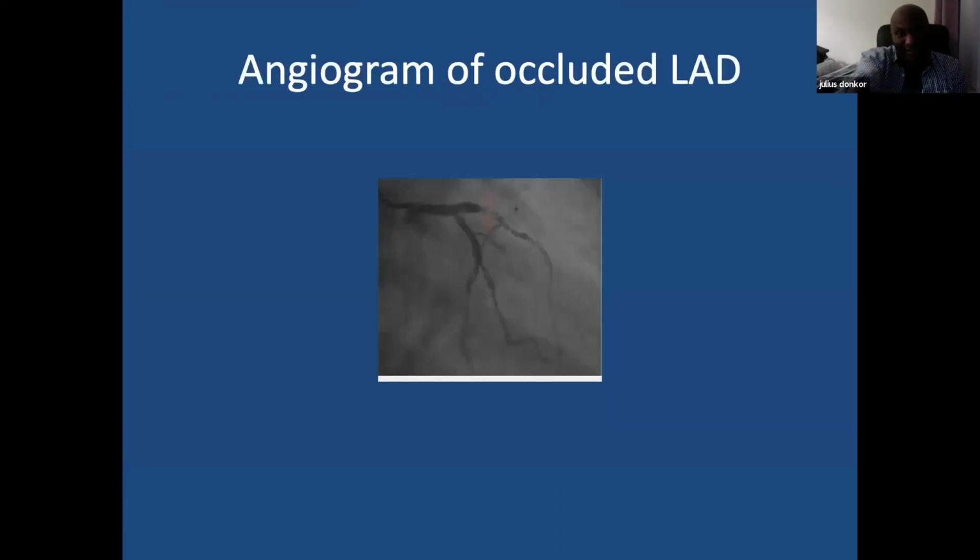So that's an angiogram. You can clearly see the proximal LAD there. It's not completely blocked. There's some reperfusion there, right in the proximal area. It probably was once occluded, but there's reperfusion going through.